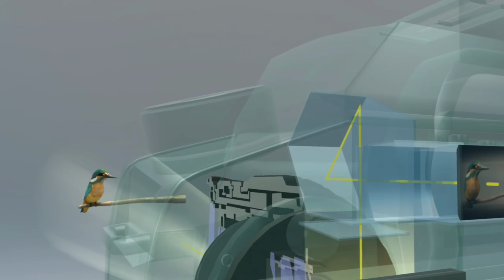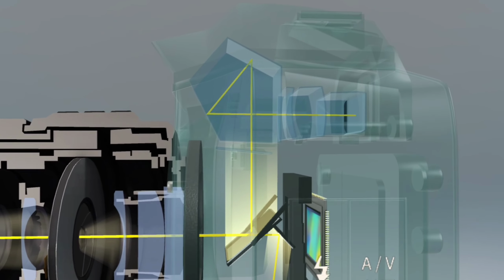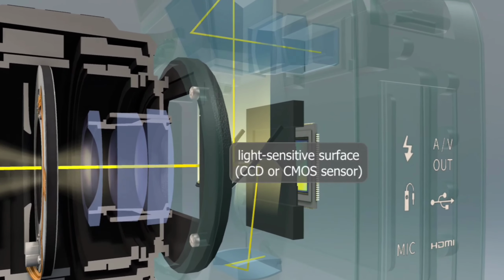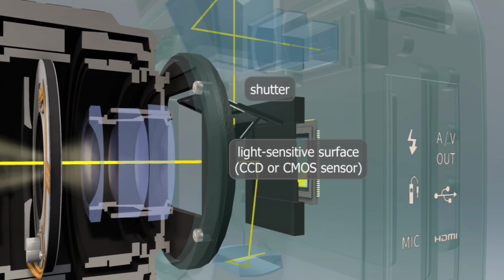This secondary mirror directs part of the light towards a focusing screen and then a sensor array to operate the autofocus system. When we take photos, the mirror flips up and the light travels straight through the shutter, which opens at the same time, allowing it to reach the light-sensitive surface, that is, the image sensor.